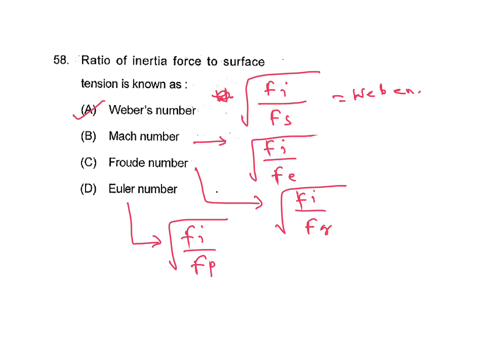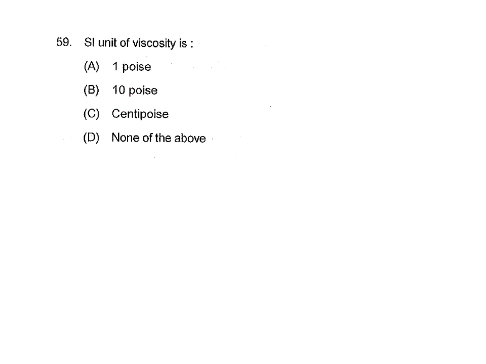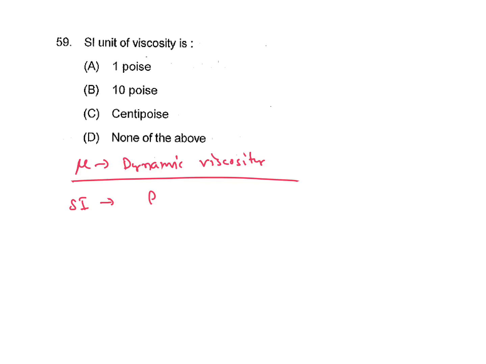Question: SI unit of viscosity is? First I will tell, for dynamic viscosity, SI unit is Pascal into second, or Newton into second per meter square.